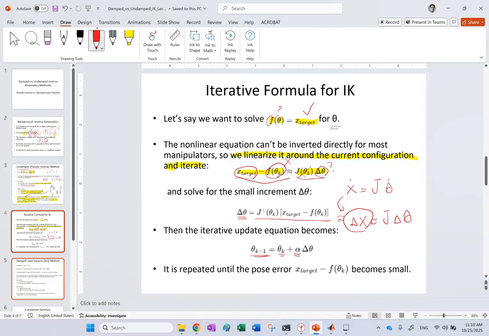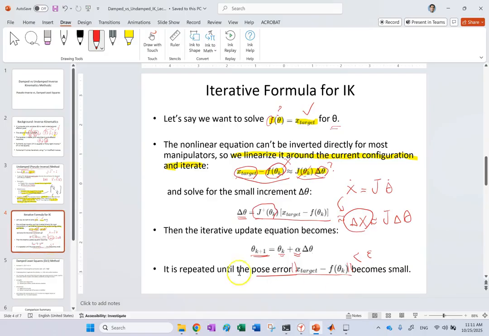You keep updating until the norm of the pose error becomes less than some epsilon, and then you stop. So when I said iterative, this is how you do it, and this is how you use the pseudo-inverse. This is the pseudo-inverse iterative method.